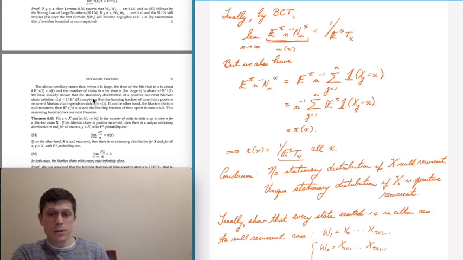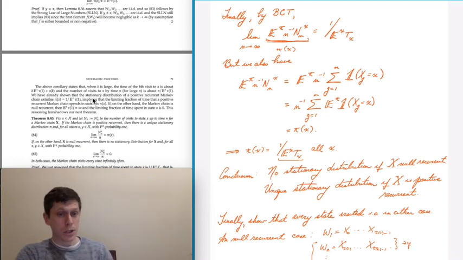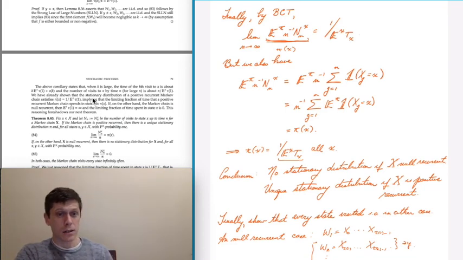Well, since it's an irreducible chain, we know that every time we visit x, there's a positive probability that this excursion here will contain some state, say y, because all states communicate. So there's a positive probability that W2 contains an occurrence of y. There's a positive probability that W3 contains an occurrence of y, and so on and so forth.